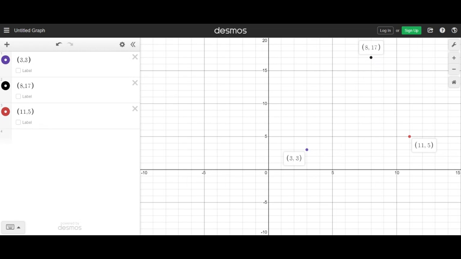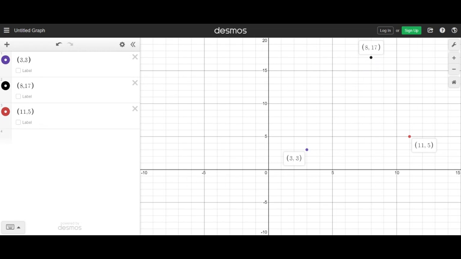So what I'm going to do is calculate my slopes between pairs of points to figure out if we have a pair of lines that are perpendicular to each other. I'm going to pair together the 3, 3 and the 8, 17 and find that slope, and then find the slope between 11, 5 and 8, 17.